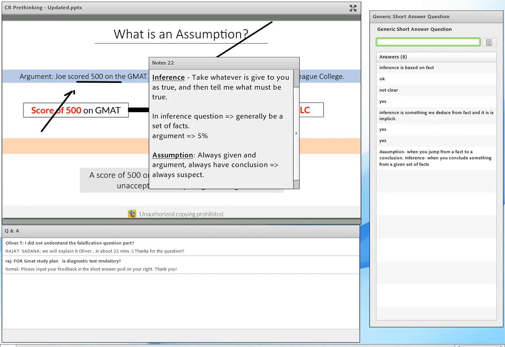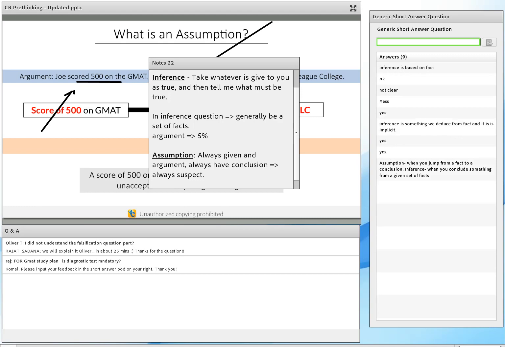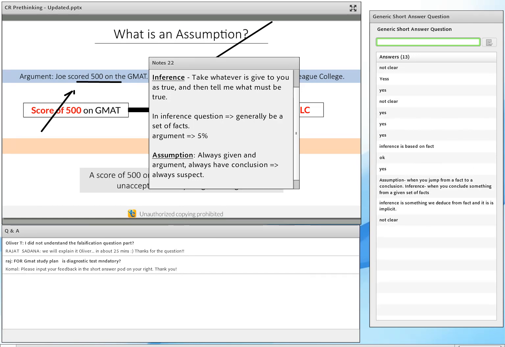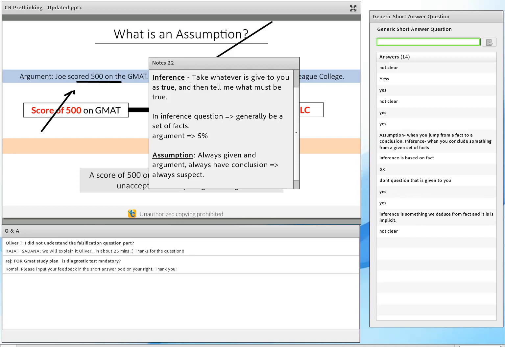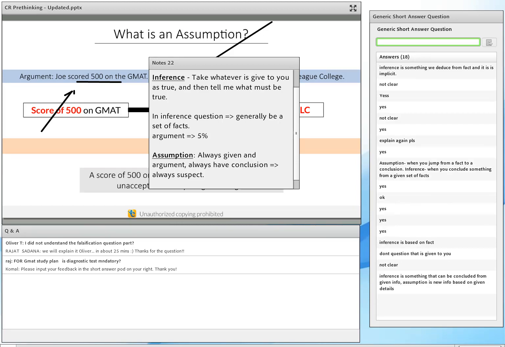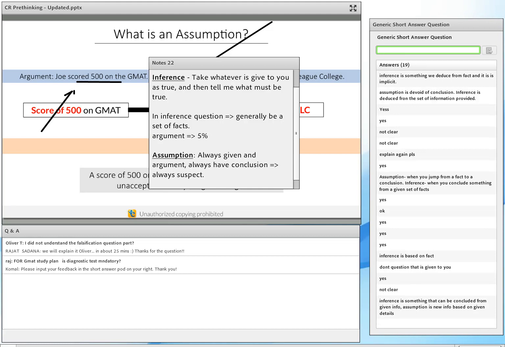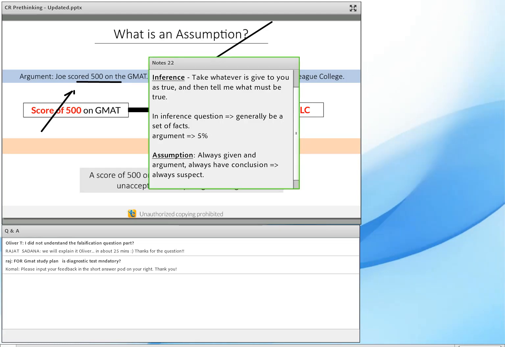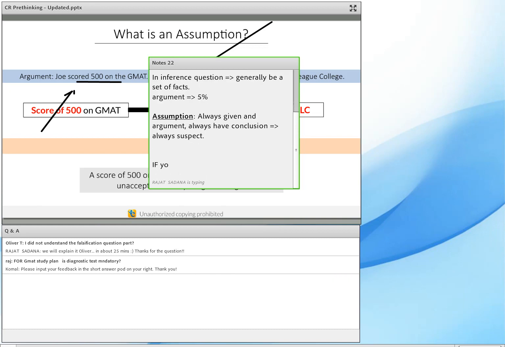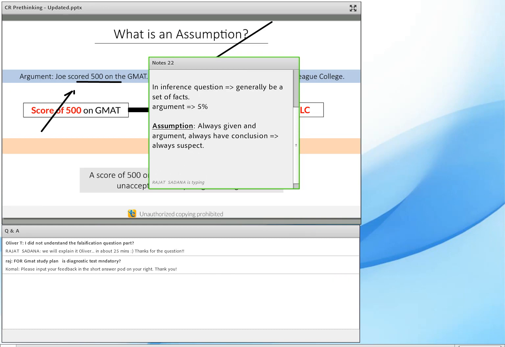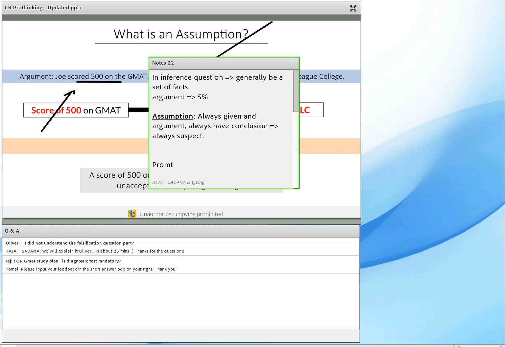As you solve some questions, you're going to get this. If we did a session on inference versus assumption, we'd show you how this makes a difference. Let's say you were given an argument. Let's say the prompt is an argument.